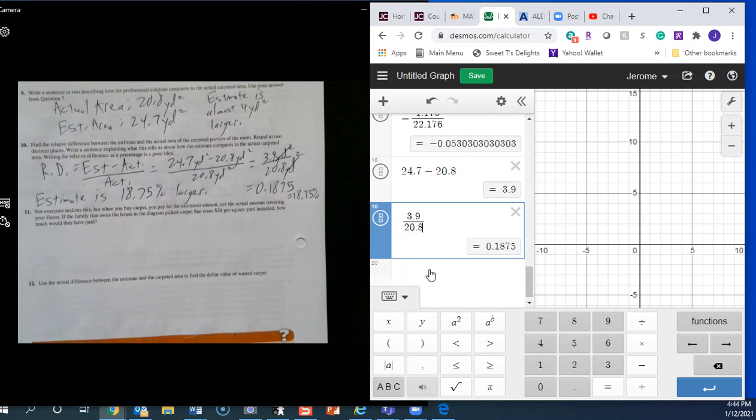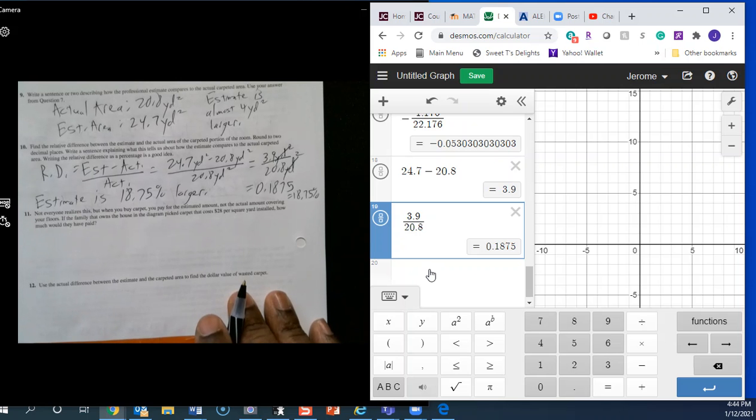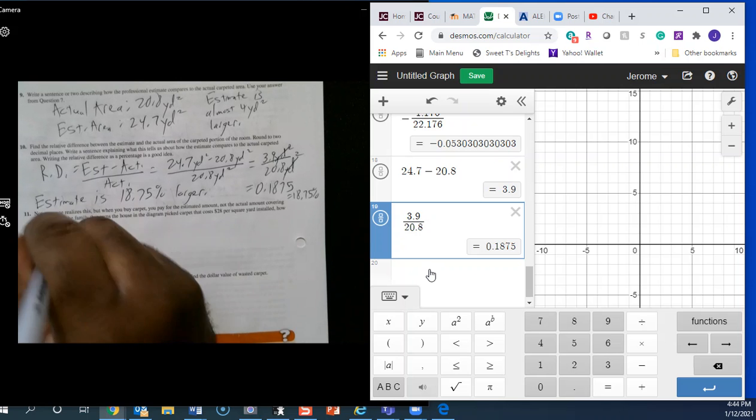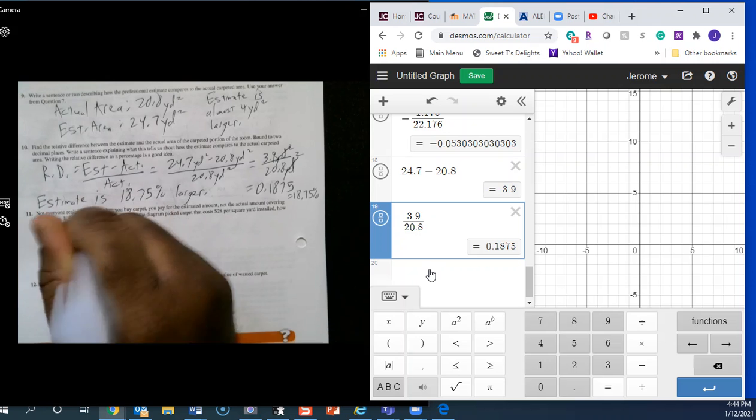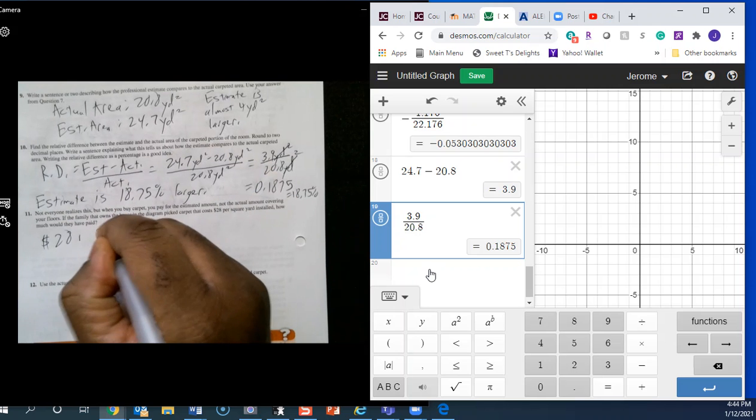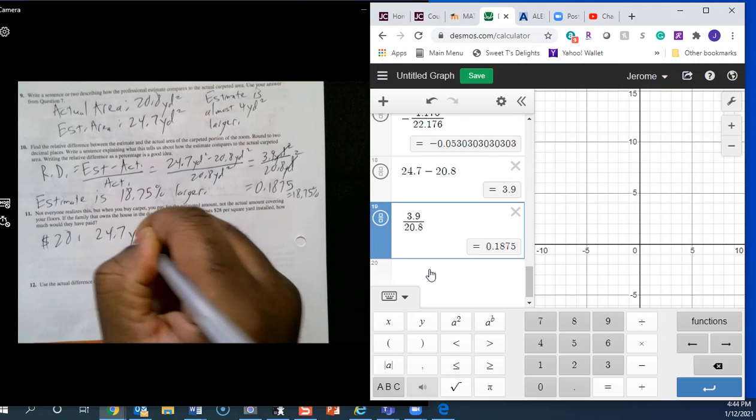Okay, now number 11. Now everyone realizes this, but when you buy carpet, you pay for the estimated amount, not the actual amount covering your floors. If the family that owns the house in the diagram picked carpet that costs $28 per square yard installed, how much would they have paid? So we would take the $28 and multiply it by the estimate of 24.7.